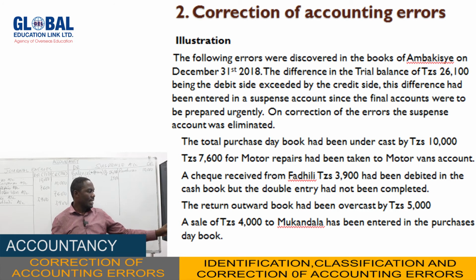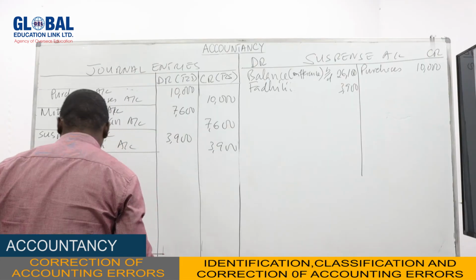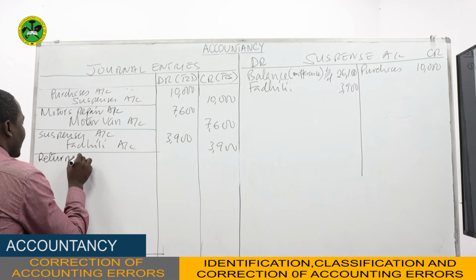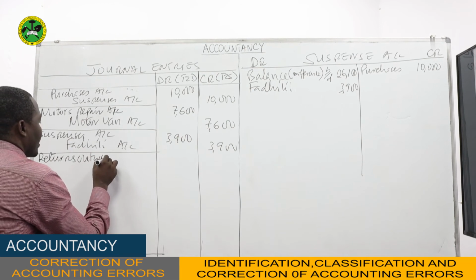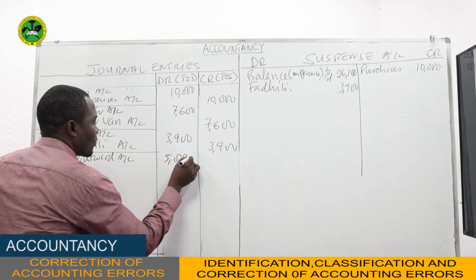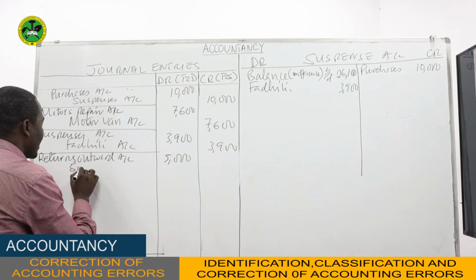To correct the error, because it was overcasted, we debit the return outward account, and the corresponding account will be suspense. So we debit returns outward account by 5,000. We credit suspense account, as I said.